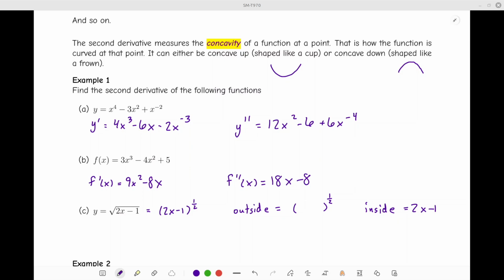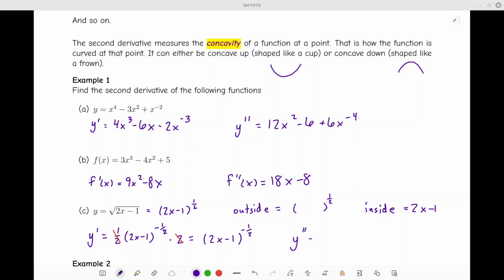So now the first derivative will equal 1/2 times 2x minus 1 to the negative 1/2 times 2, and then the 2x minus 1 goes inside. Before I take the second derivative, I am going to simplify the 1/2 times 2, so that the first derivative is just 2x minus 1 to the negative 1/2 power.